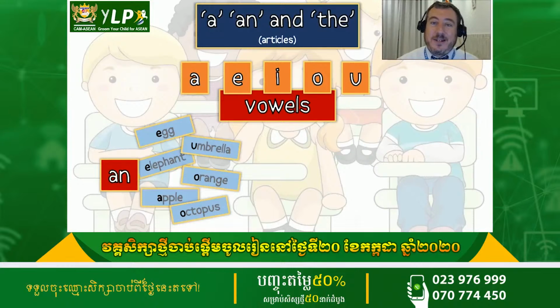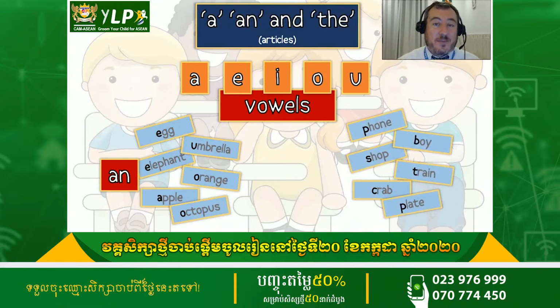an octopus. But if the noun does not start with a vowel, like these, for example, phone, boy, shop, train, crab, plate, none of those start with a vowel or a vowel sound. So we would use the word a. Or the, sometimes we would use the, but this is really the difference between when do we use an and when do we use a.